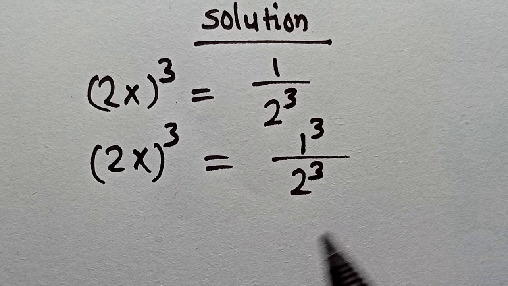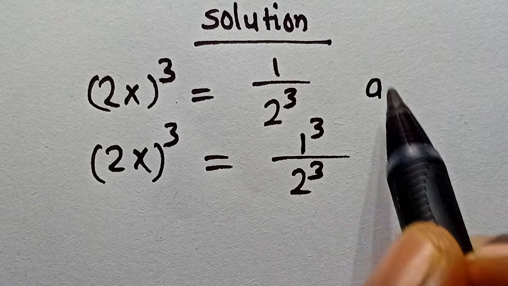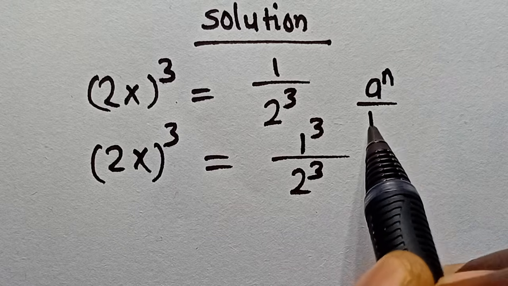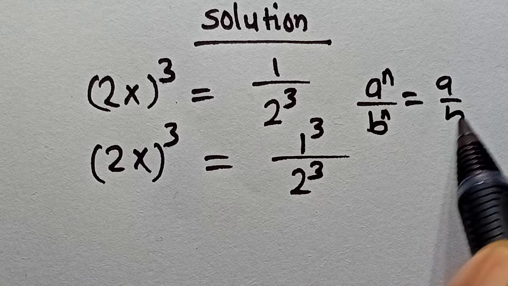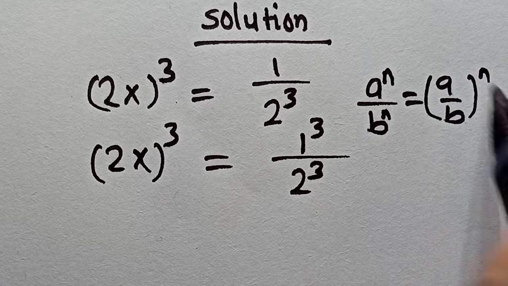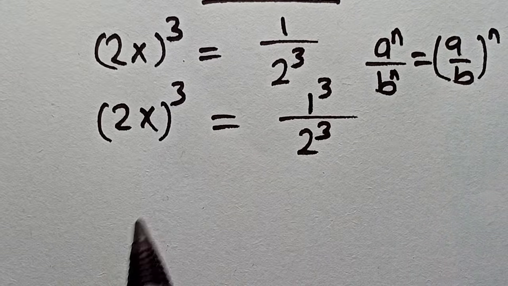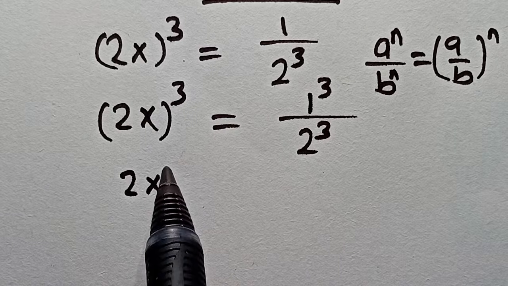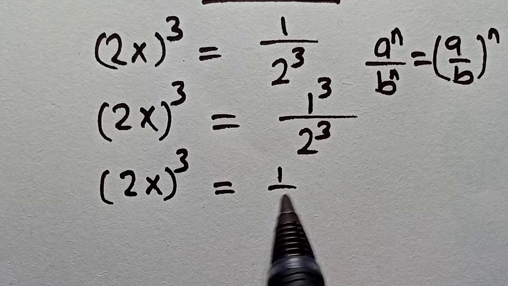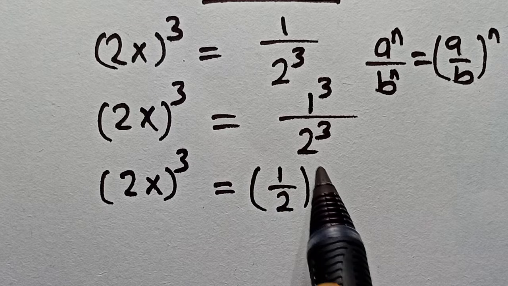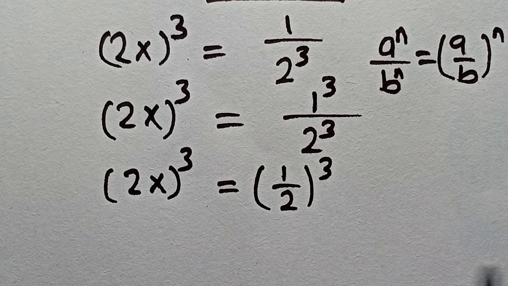Then, when you have a^n over b^n, it can be simplified as (a/b)^n. So this will be (2x)^3 equals (1/2)^3.